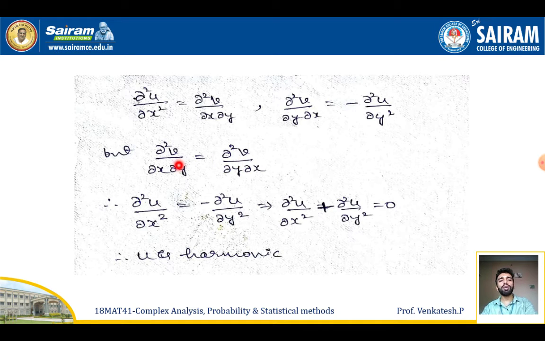Since these two are the same, I can equate these two equations. Dou square u by dou x square will be equal to minus dou square u by dou y square. I can write dou square u by dou x square plus dou square u by dou y square is equal to 0. This is the condition to show that u is harmonic.